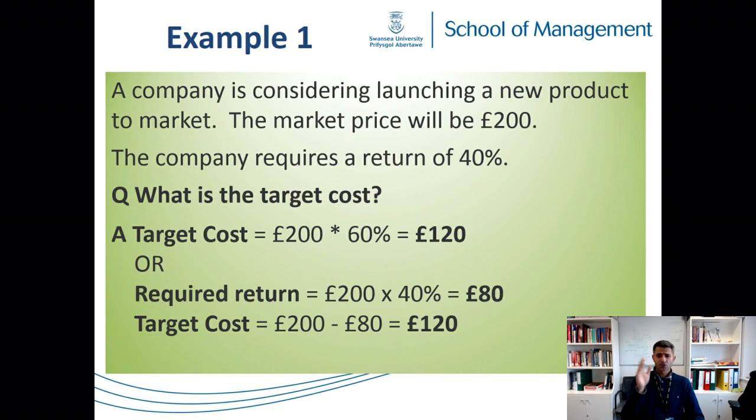Or straight away, just go and put 200 times 60%. Why 60%? Because 40% is the required return, so the remaining 60% would be the target cost. That means the company needs to work to achieve a target cost of £120.